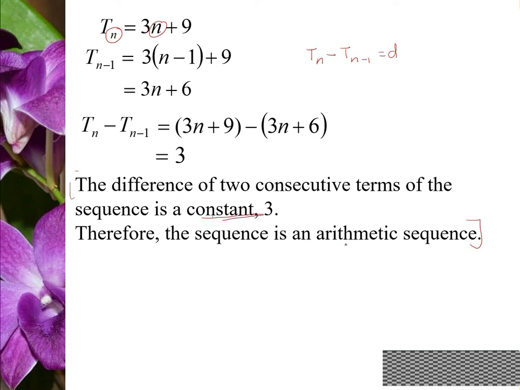Constant 3 here means that no matter what term we substitute in, let's say T2 minus T1, the difference is still 3, T3 minus T2, the difference is also 3, and so on. That's why we prove using the general formula of terms. We don't simply use T2 or T1 to find the common difference and prove this arithmetic sequence.